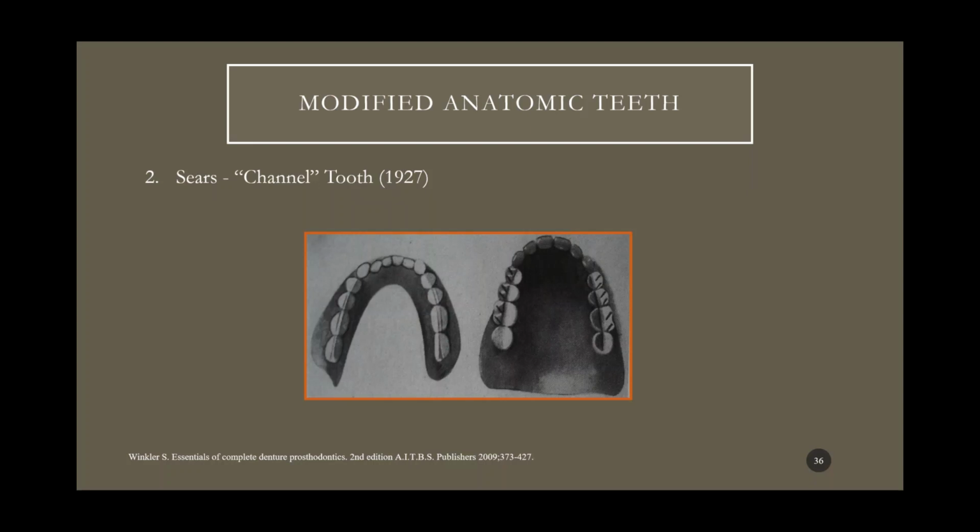Then in 1927, Sears designed channel teeth. In this, the maxillary occlusal surfaces had a deep channel running mesiodistally along all the 4 posterior teeth, and the lower posteriors were like a single ridge, which were half the buccolingual width of the normal anatomic teeth, and these articulated with the upper channel. These permitted unlimited protrusive glide.